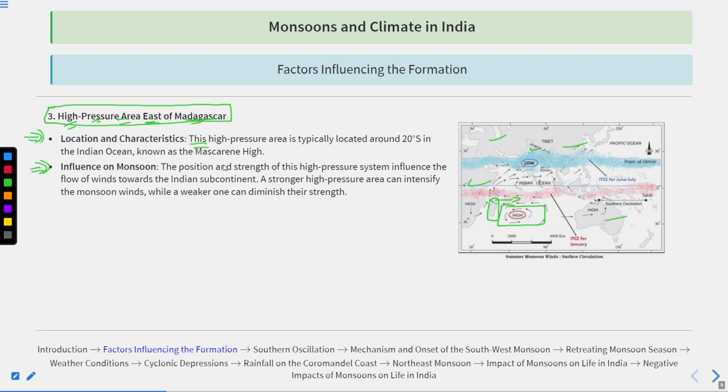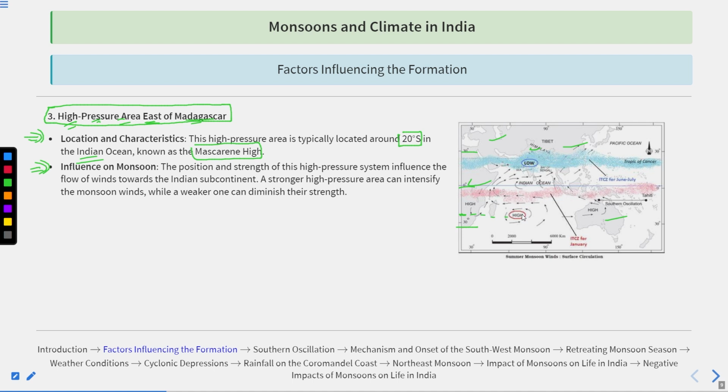So this high pressure area is typically located around 20 degrees south in the Indian Ocean. That is known as the Mascarene High. Like here you can see the latitudes, 30 degree, 0 degree, 30 degree. Between these, there is a 20 degree latitude over here.